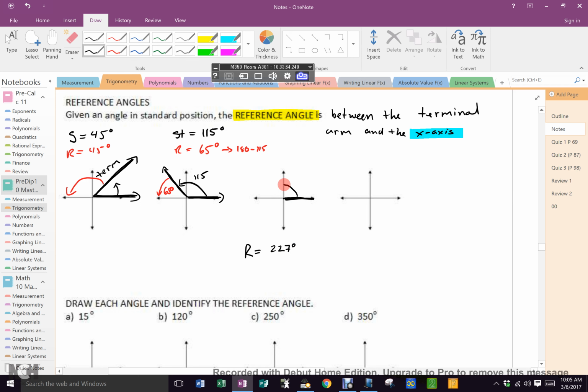What's that? What's this one? 270, so it's got to be in here, yes? Okay, what's the reference angle? 47. Wait, you said on pools. Oh. Yeah, that's... Shh. What's the reference angle? 47. Why?